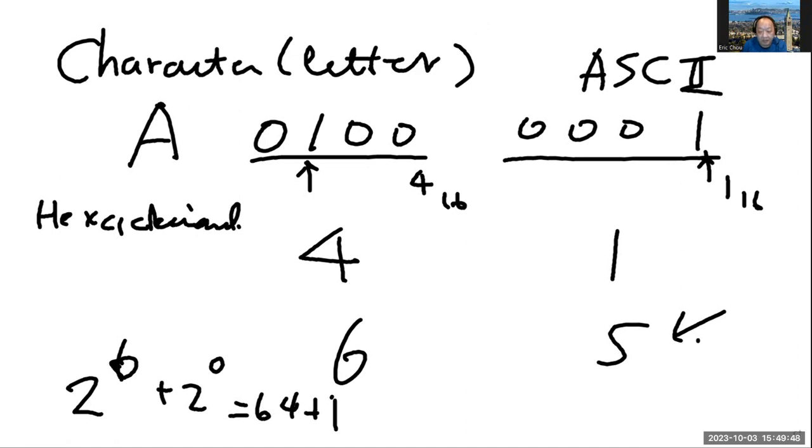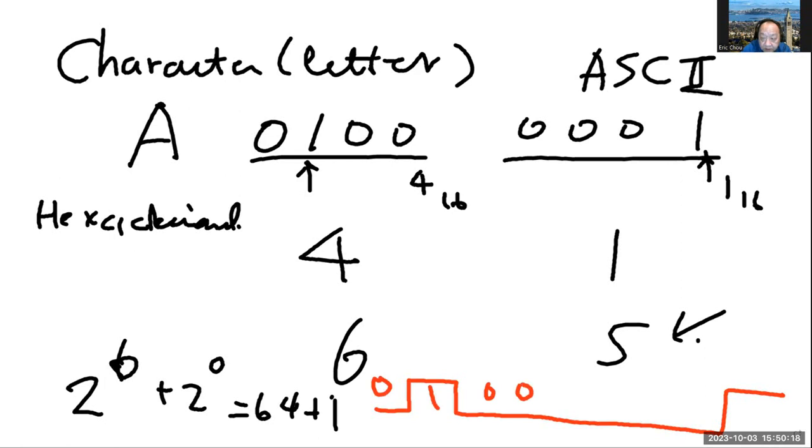But this A as an email is sent out in this format. So a single A, when they send it by email, is something like this. If you look at the electricity wave, it is 0, 1, 0, 0, 0, 0, 0, 1.